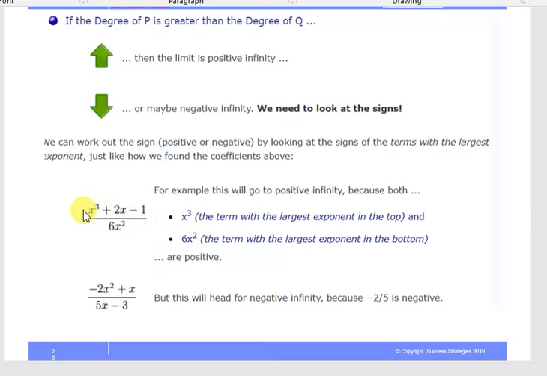Just take the coefficient of the highest power from the numerator and the highest power from the denominator. Whatever the coefficient will come, that will exactly give us the value. That means in this case, it is actually 1 by 6 and in this case, it is minus 2 by 5.